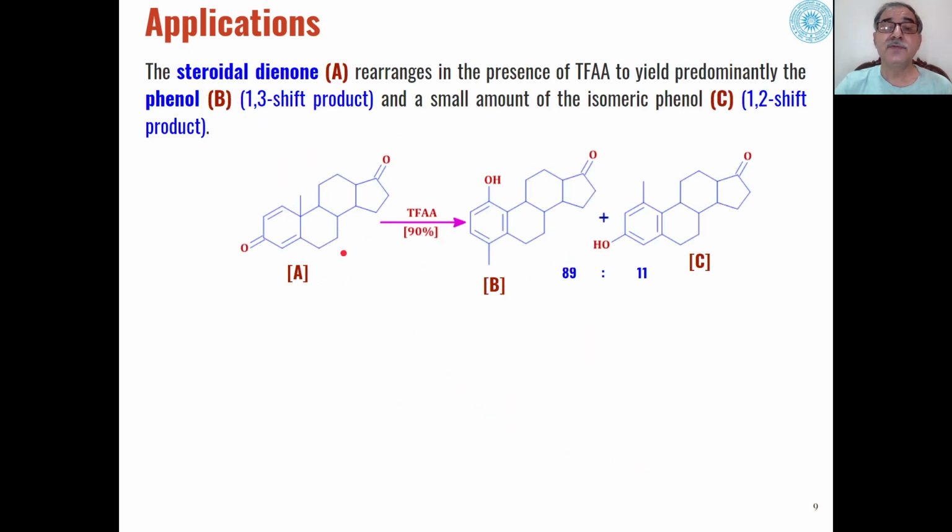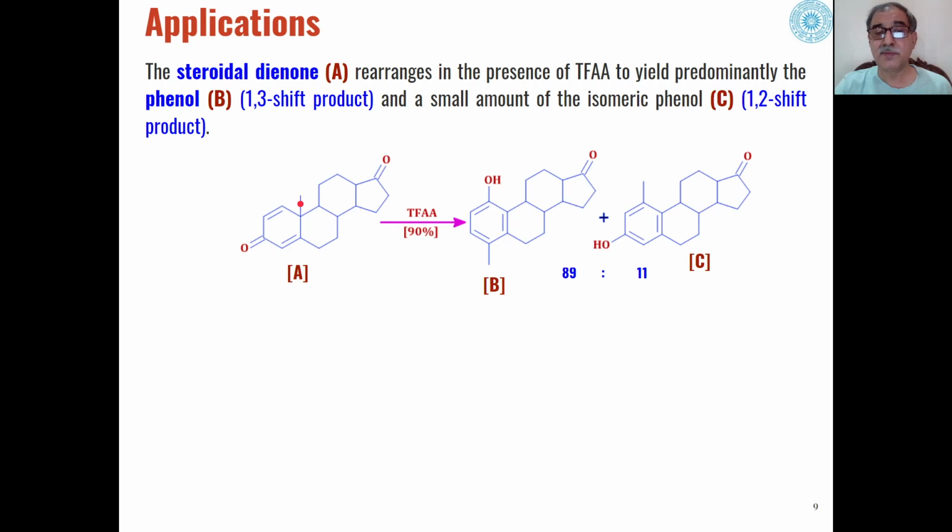Then in case of steroidal dienones, there is a possibility of either a 1,3 shift or a 1,2 shift. In such cases, both types of products are formed. So here these two are the substituents which are present, and the methyl group basically migrates.